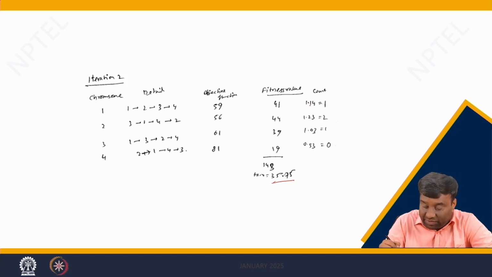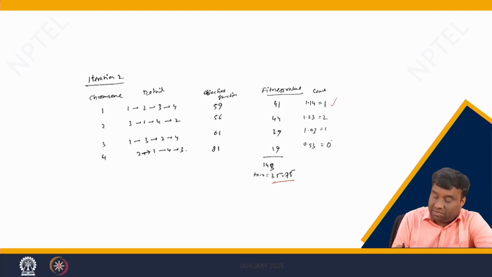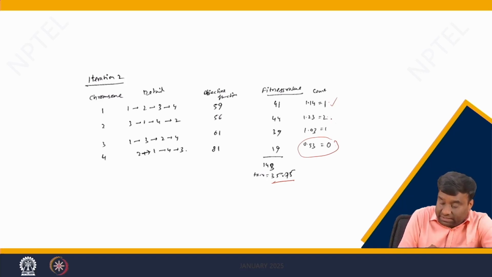Similarly, the expected count is the fitness by average, so you will get 1.03, 1.23, 0.53. As it's the minimum value, write it 0. Maximum is 2, so 1 and 1. So in the second iteration, chromosome 2 is selected for 2 times, chromosome 1 for 1 time, chromosome 3 for 1 time. So here these two will participate in the crossover procedure.